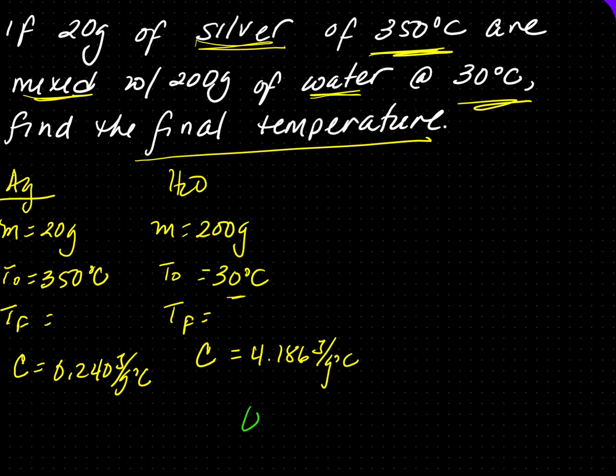So we know this is going to be a Q hot equals to Q cold. We know the hot is going to be silver because silver starts at a higher temperature than water. So Q cold is going to be my water.